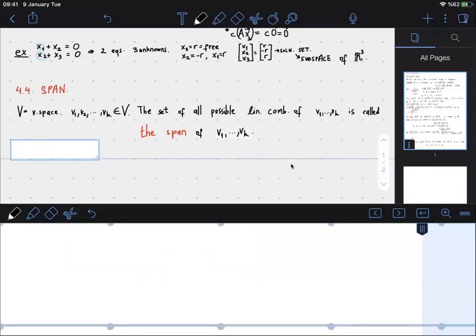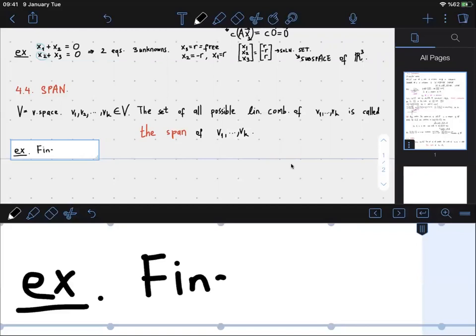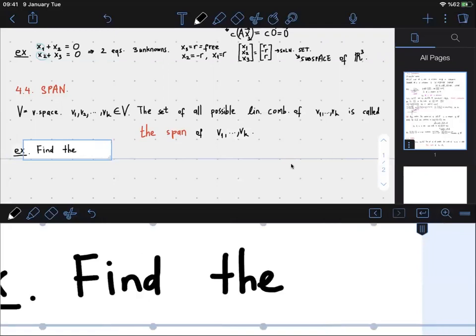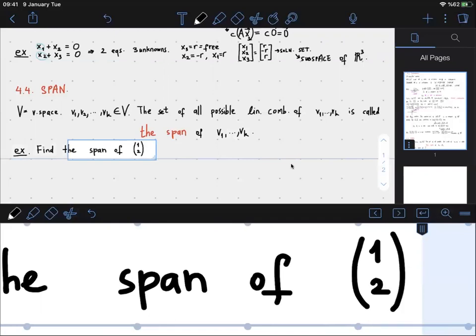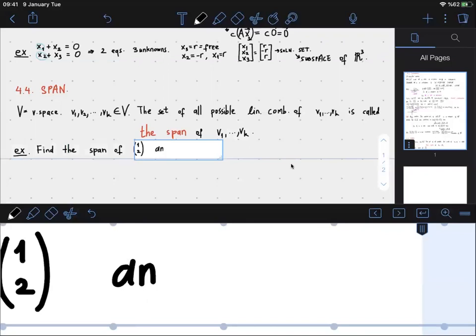Okay, so let's give an example. The question is, let's try to find the span of, I don't know, let's take two vectors: (1, 2) and, let's take (0, 1).